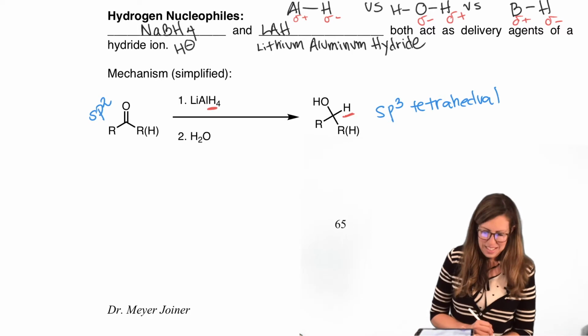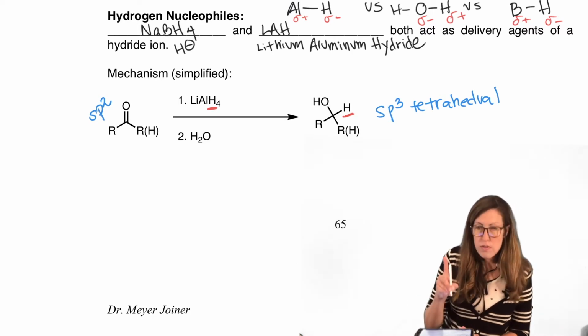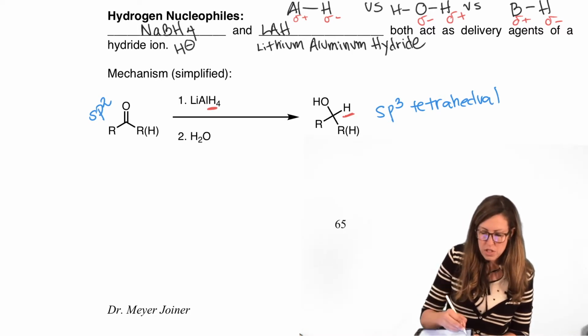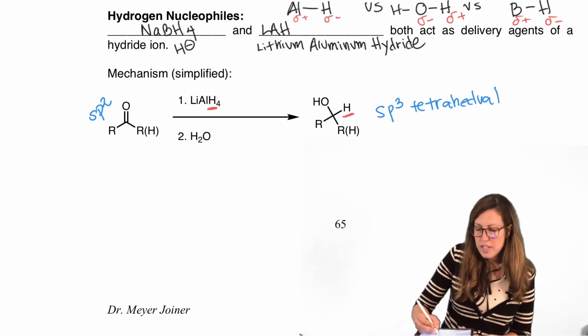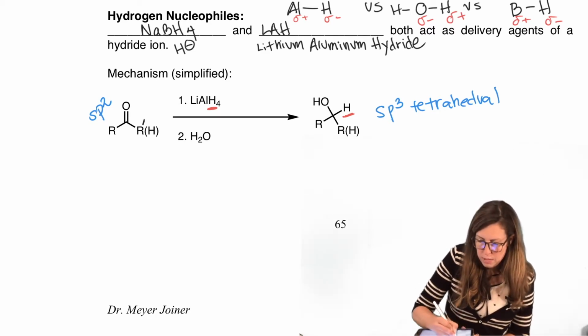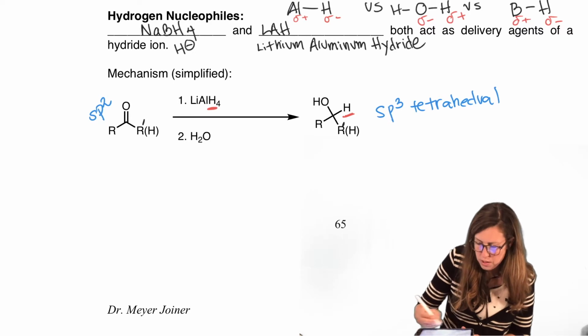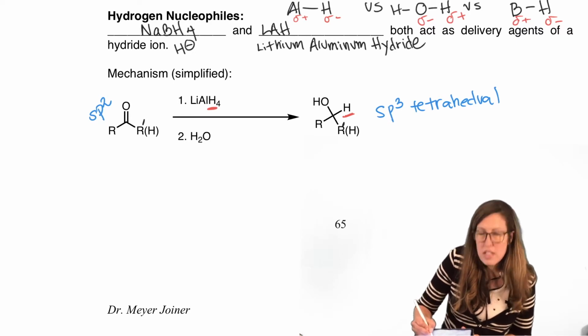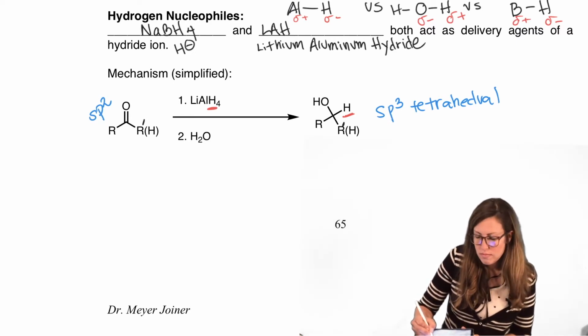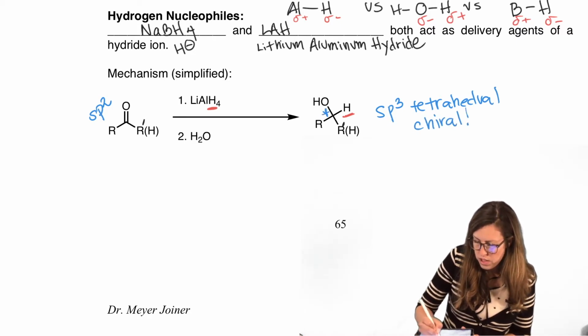So furthermore, notice that because it's sp2 and now it's sp3 tetrahedral, and especially if this is an R prime where those two groups aren't equal, we are going to go from something that's not chiral to chiral. So you got to watch out for that.